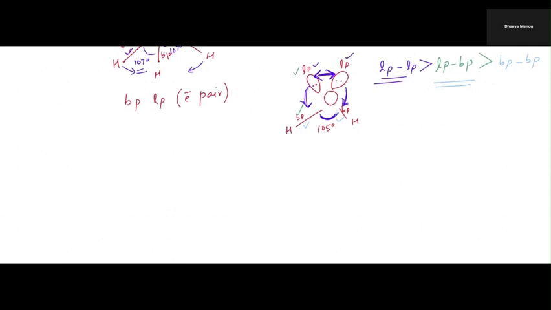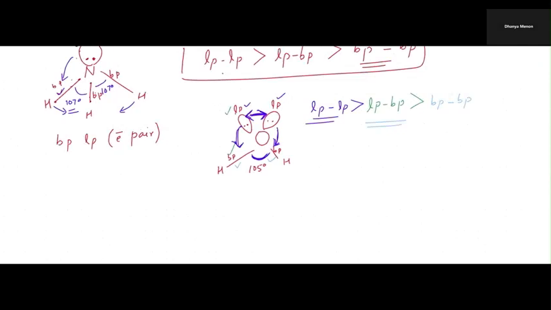I hope till here it is clear. Till here, you understood that there is repulsion between the lone pair and lone pair, and which will push the bond pair near to each other, and that is why the bond angle is lesser than the expected one. So this is the valence shell electron pair repulsion theory.